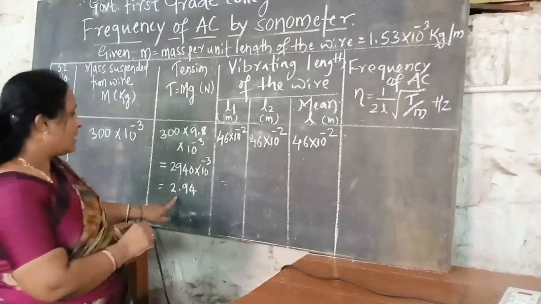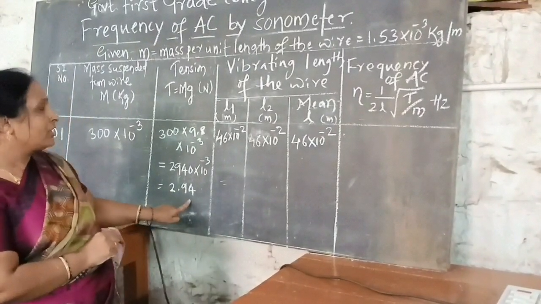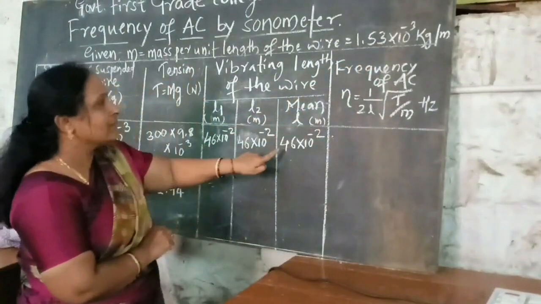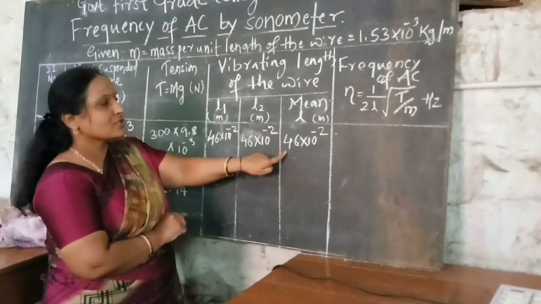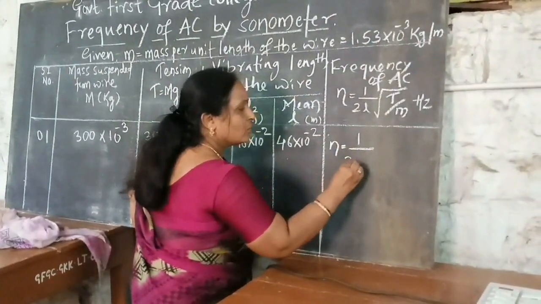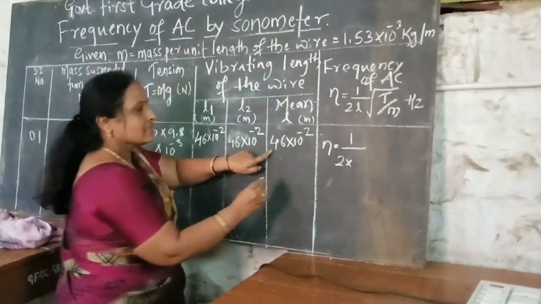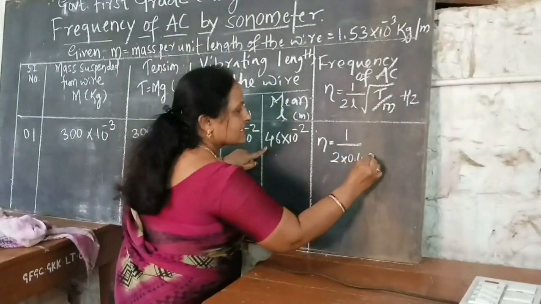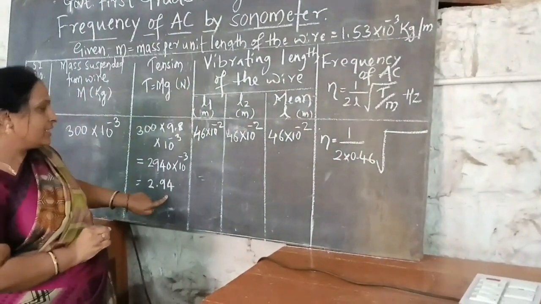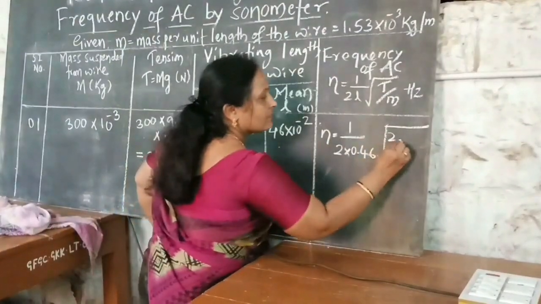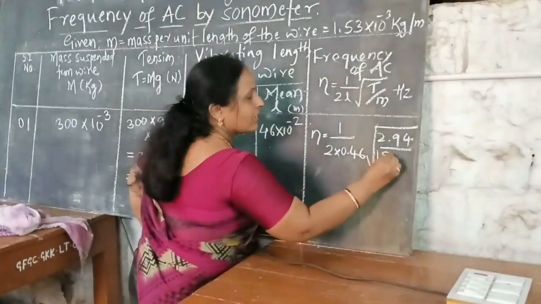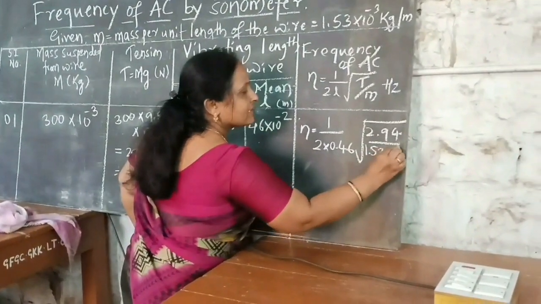For this trial, substitute the value of T as 2.94, small m as 1.53 into 10 raised to minus 3, and vibrating length 46 into 10 raised to minus 2. We will get N is equal to 1 divided by 2 into L, which is 0.46, root of tension, which is 2.94, and mass per unit length is 1.53 into 10 raised to minus 3.